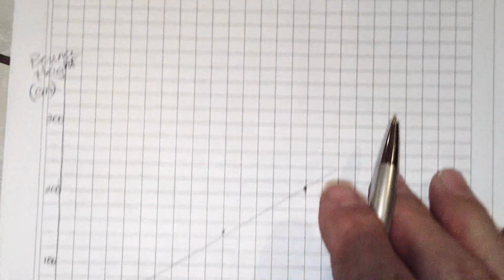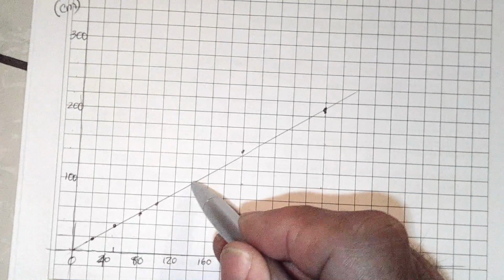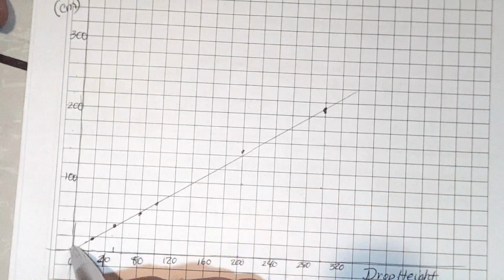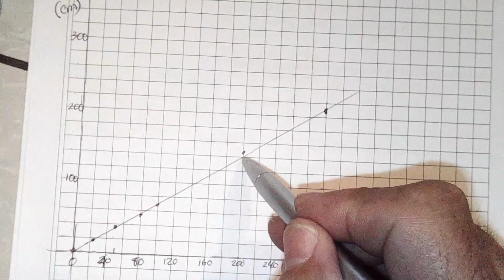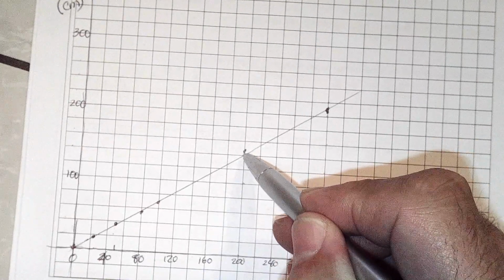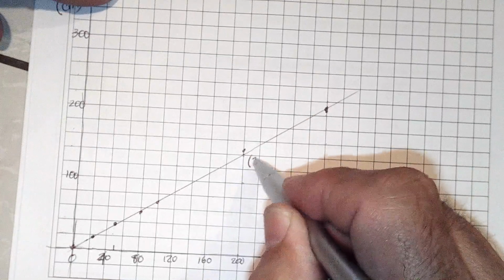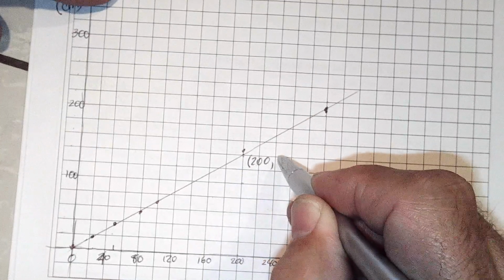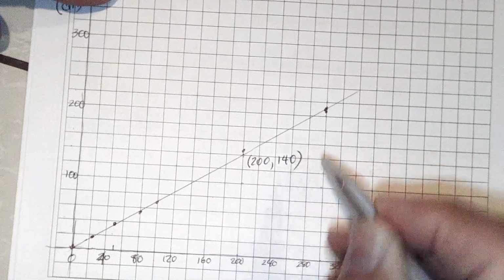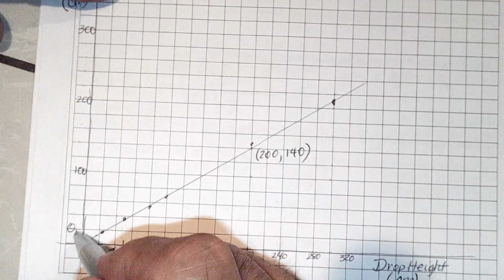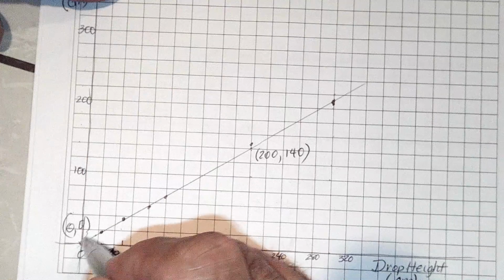Now to find the slope, I'm going to look for two places that are close to the line. There's 0, 0, which works pretty well. And there's one at 200 and 140. Drop it from 200, it bounces to 140.